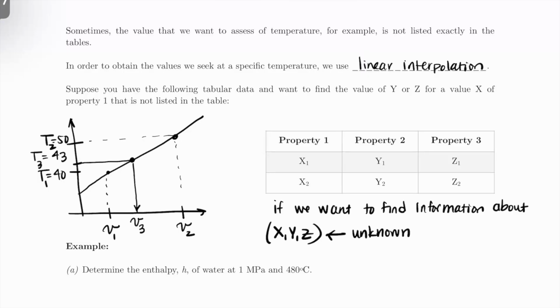But we know X1, Y1, Z1, and X2, Y2, Z2. These are the values that are above and below what we're trying to find, so these are known.